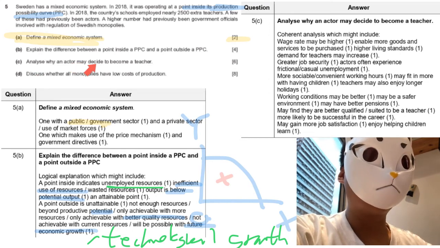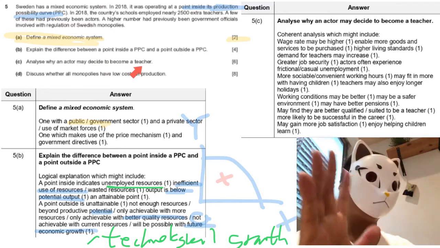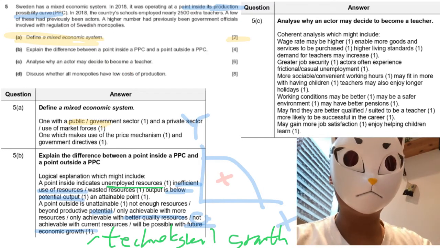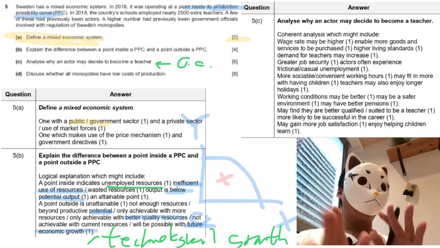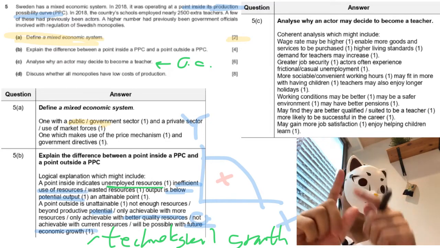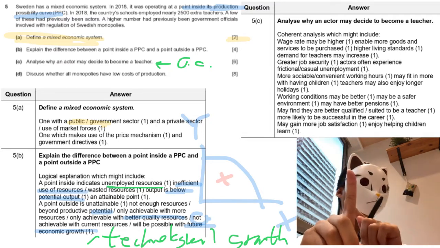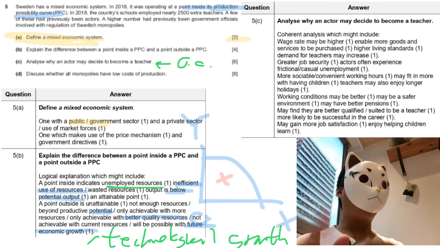Part C: why would an actor decide to become a teacher? It concerns the topic we call opportunity cost. There are 2 choices, actor or teacher. Being an actor, the cost is of course the benefit of being a teacher.